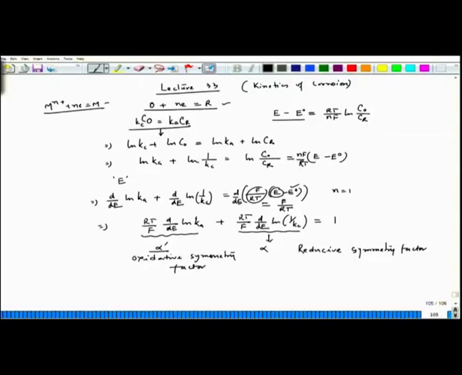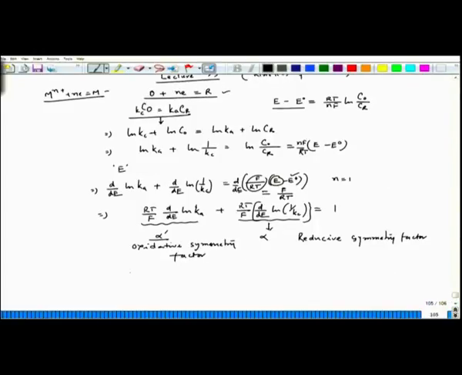Now, if I look at this quantity, it is nothing but the slope of 1 by K_C for a plot of K_C and E.